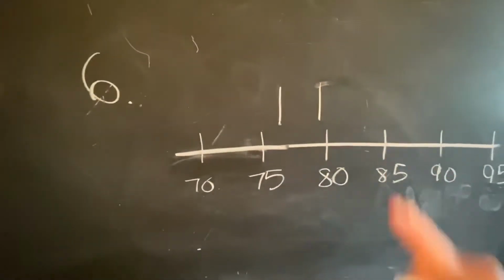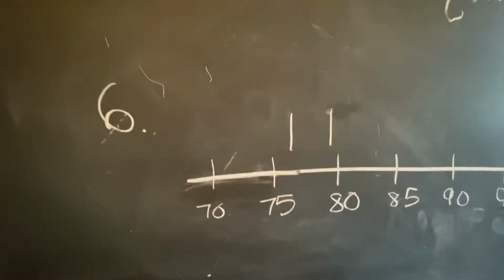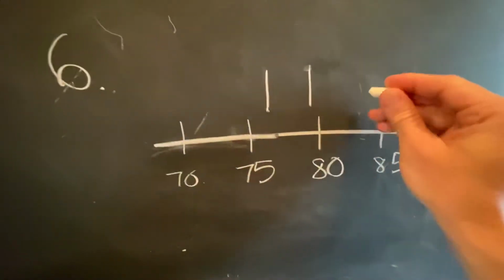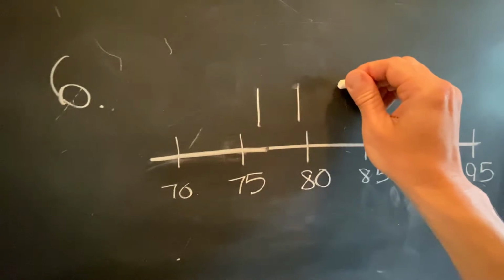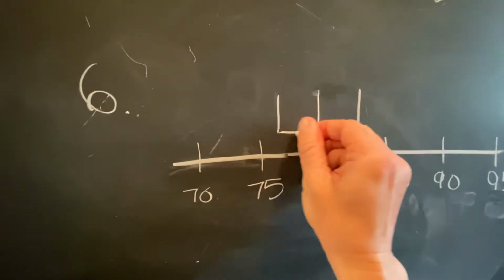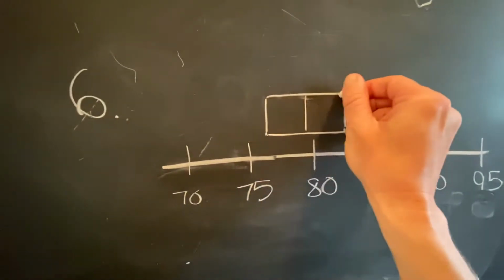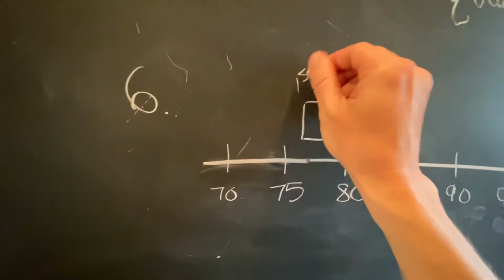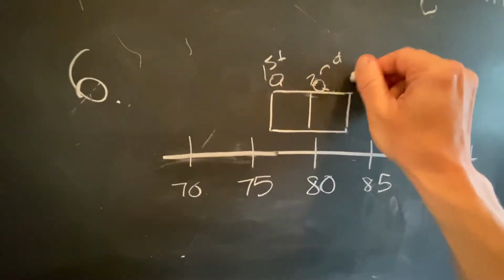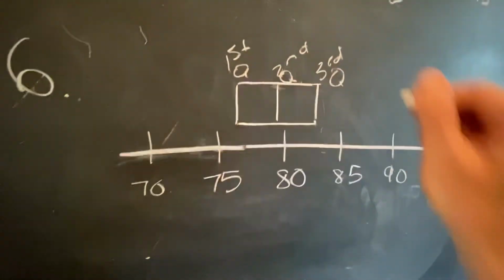We're just kind of estimating where they would go. Sorry about the chalk marks there. And then for the third quartile, 83.5, I go on my line here, a little bit past the halfway point between 80 and 85, and I'll put another line. Then you connect these, and that's your box. You have your first quartile, your second quartile, and your third quartile.